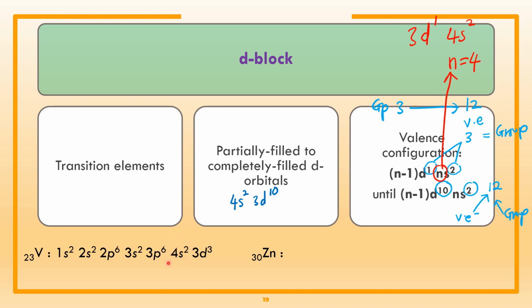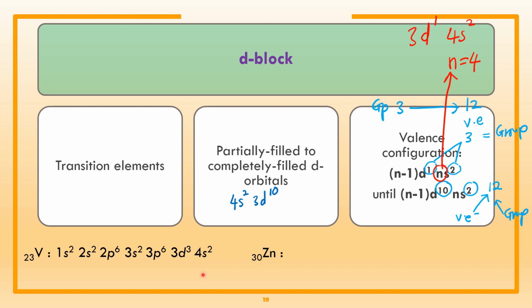Why? Once the 4S has been filled with electrons, its energy level gets higher compared to the 3D. So you have to rearrange the way you write the electron configuration. By doing that, you will get the final electron configuration.